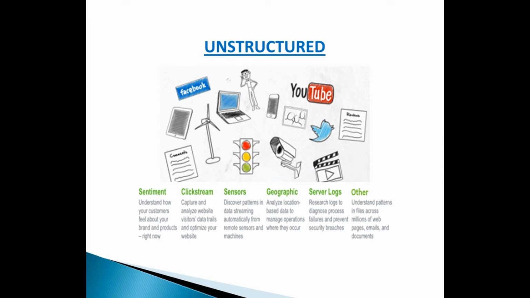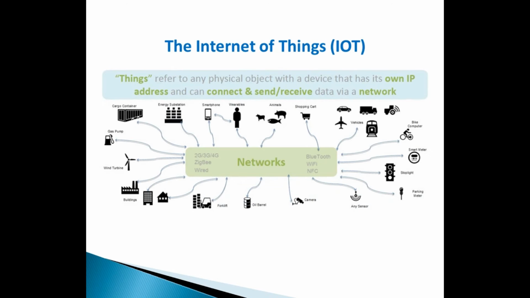Unstructured data is being generated in the ever-growing social and business networks and streaming out of those billions of inexpensive smart devices. It seems like everything we do is generating data of some sort. And it's just going to continue. One of the major contributors to data creation is going to be the Internet of Things.